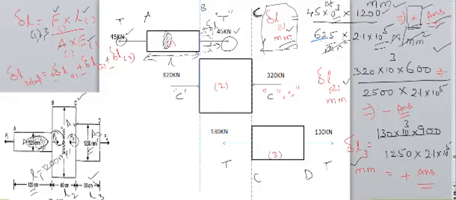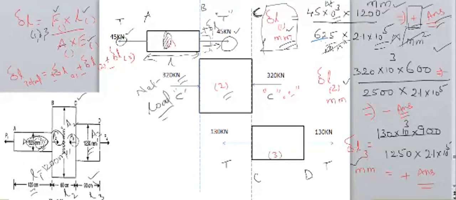And the second portion, if I consider the second portion, the load on the second portion is 320 kilonewton. We should not take the P2 directly.